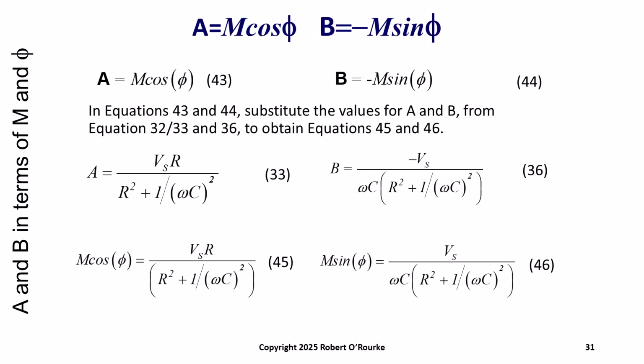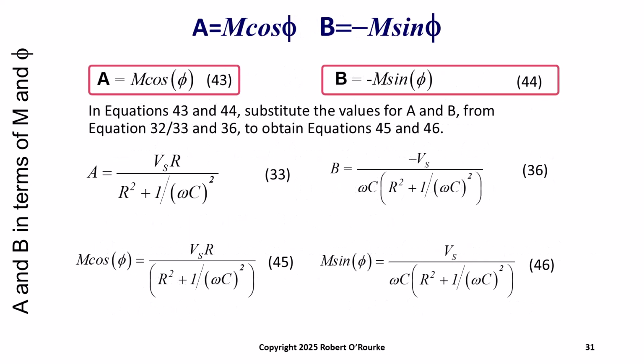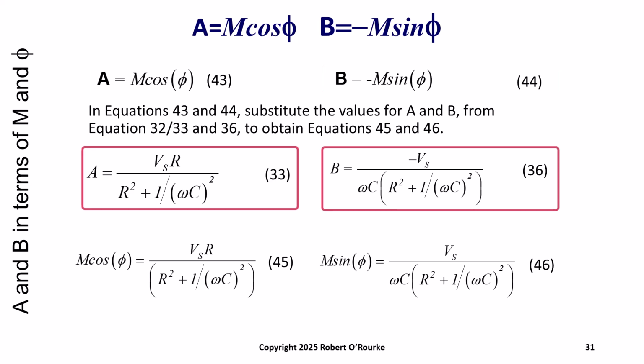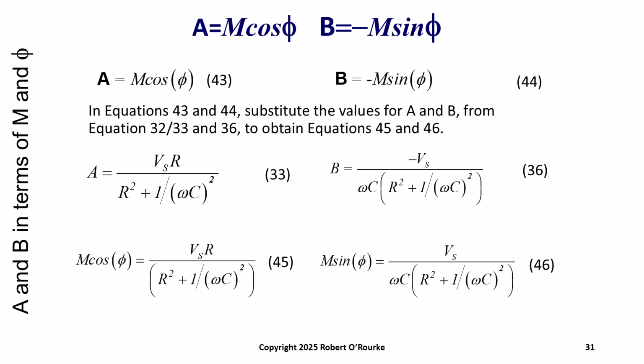Next, we'll combine these new equations 43 and 44 with our equations 33 and 36 for A and B in terms of circuit parameters. Substitute equation 43 into equation 33 to obtain equation 45. Substitute equation 44 into equation 36 to obtain equation 46.